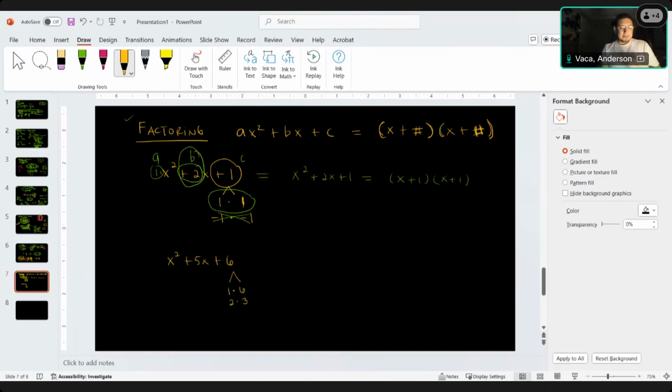And it could also be the negatives: -1 with -6, and -2 with -3. But I'm just going to leave my list like so. The question is, how do we get a 5? Well, it could be 6 minus 1, but it could also be 2 plus 3.